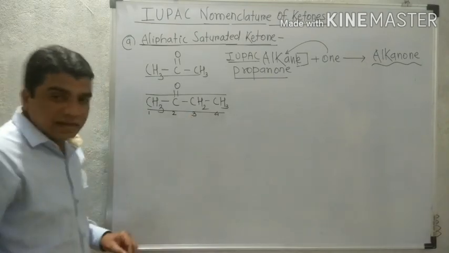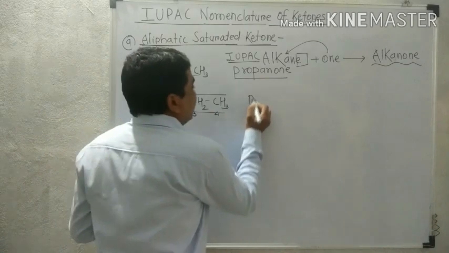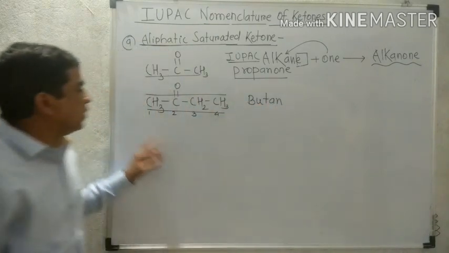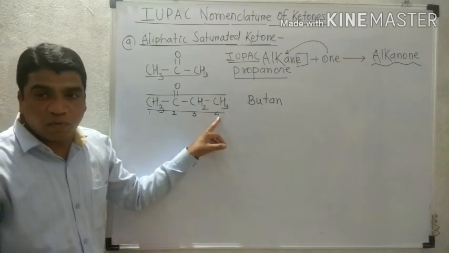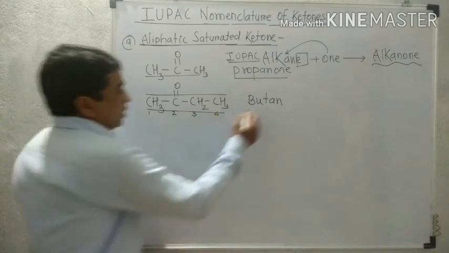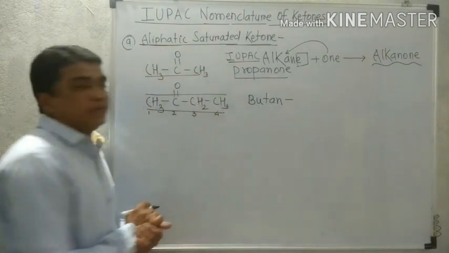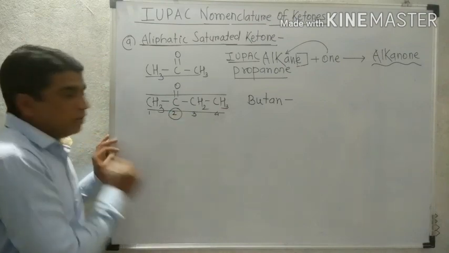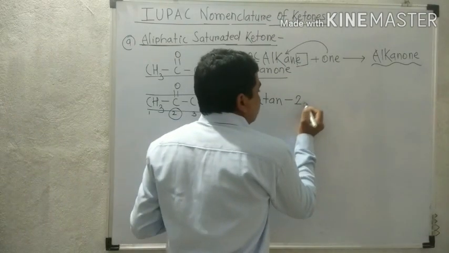So after that, write the name of the corresponding alkane. For example, how many carbons are in the chain? 4. Therefore, the respective alkane is butane. Then write the position of the C double bond O. Where is it located? At the second carbon, 2.